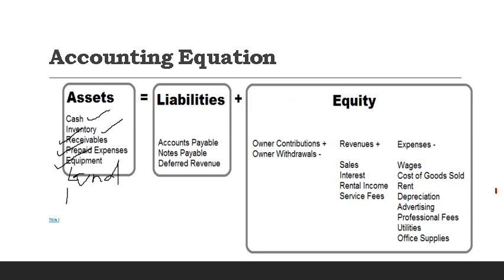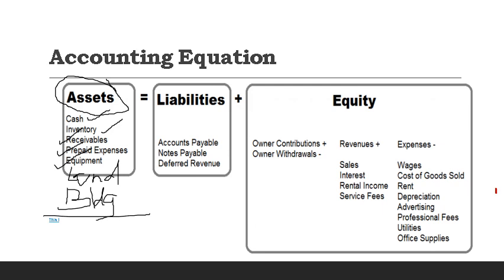So those are called assets. It could be what you call fixed assets or movable assets. So in this asset side, this is what the businessman or entrepreneur owns.